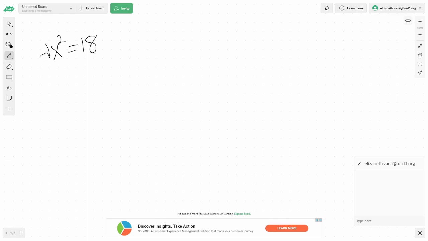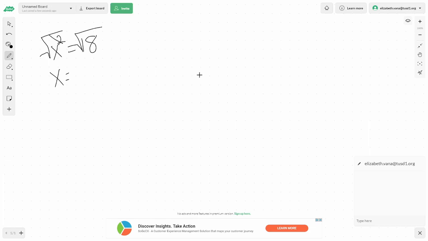I'm going to take the square root of both sides. The square root and the squared cancel each other out. The square root of 18, I don't know that. I know 4 times 4 is 16, and I know 5 times 5 is 25, and I know 18 is somewhere in between them.